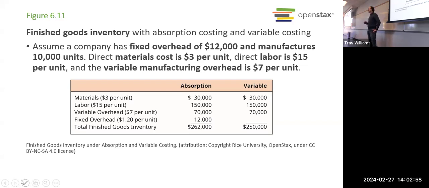So we just take those fixed manufacturing overhead costs out. Now, on a variable costing income statement, you do include those costs further down, but you just don't include them at the top where you're figuring out your finished goods inventory or your cost of goods sold.